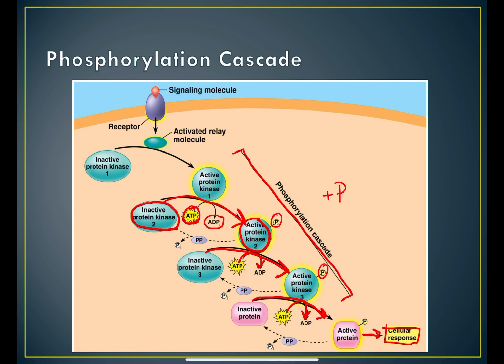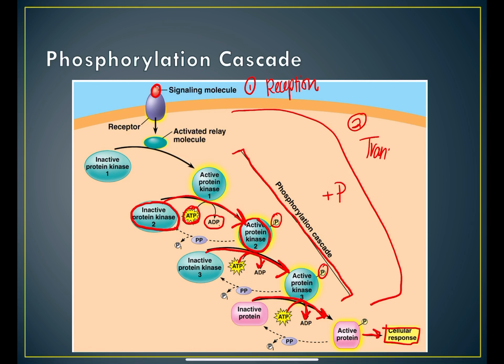So these were activated when the signaling molecule bound, okay? So this is our first step in our signal transduction pathway. Reception, all of this here in the middle is going to be the second step, which is transduction. And then here at the end, we have our last step, which is the response step. So the signaling molecule binds. Now remember, it is outside the cell in this case.